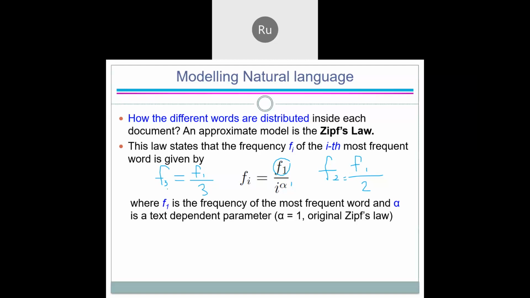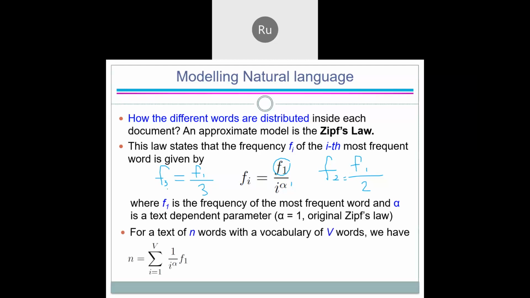Okay, so that means you will have a slope: you have the most frequent, followed by the second one, and then the third one. As you go to the fifth and sixth ones, the frequency will be lower. This is to show how we get the frequency of F1.